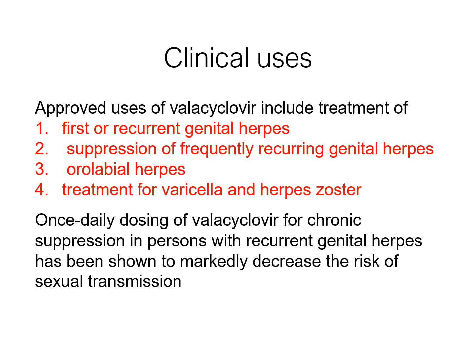Clinical uses of valacyclovir are again for the treatment of either first-time or recurrent herpes infection, and suppression of frequently recurring genital herpes. It can also be used for the treatment of orolabial herpes, varicella, and also herpes zoster infection.